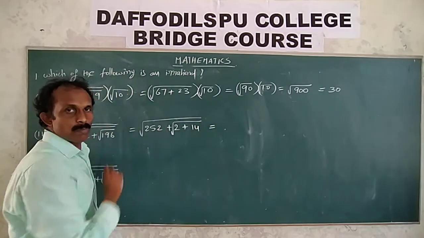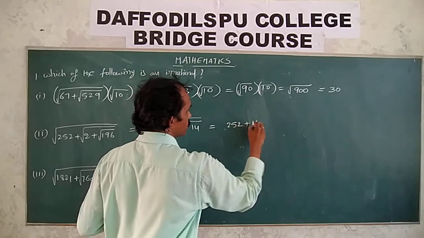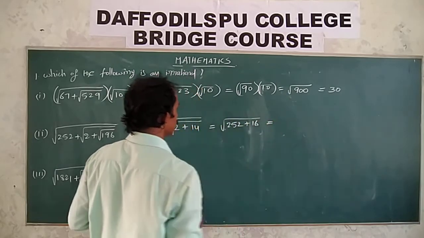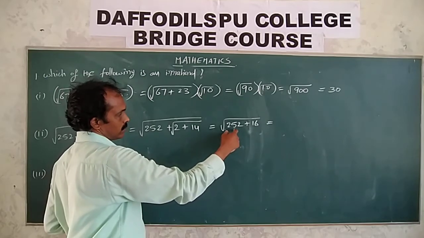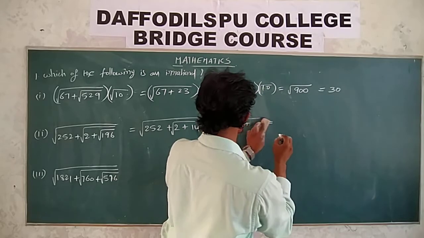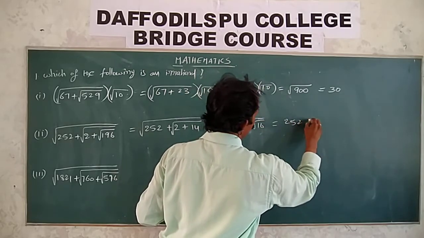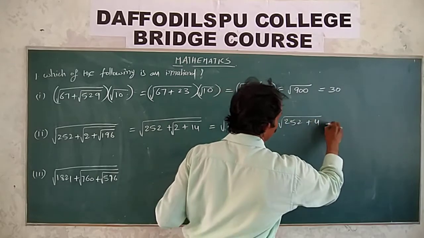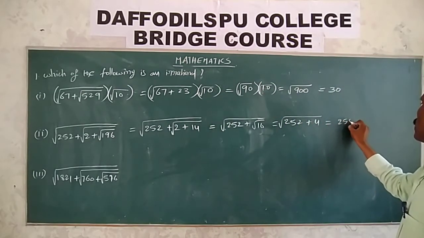This is equal to 14, so 252 plus 2 plus 14 is 16. The value is root 16, that implies 252 plus 4 is equal to 258.